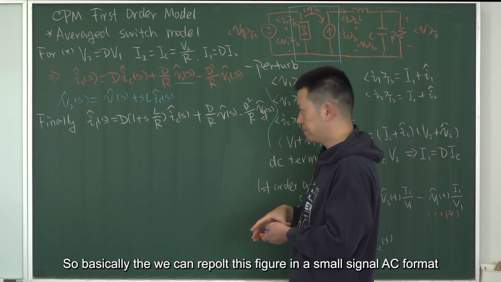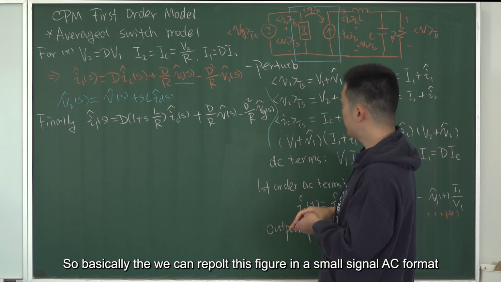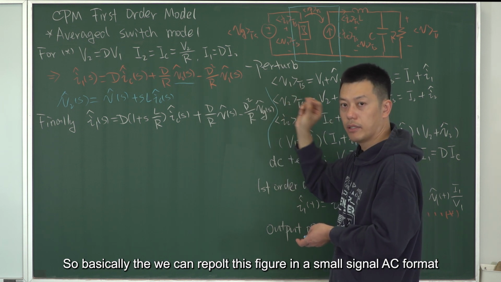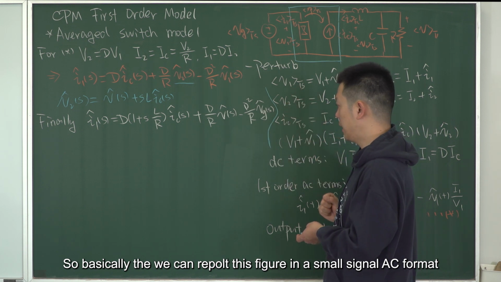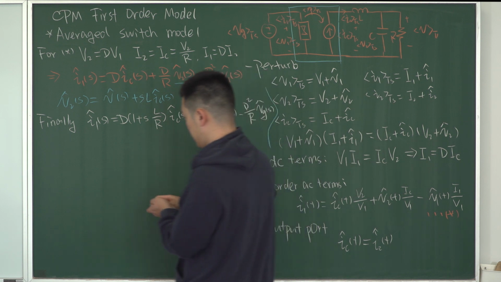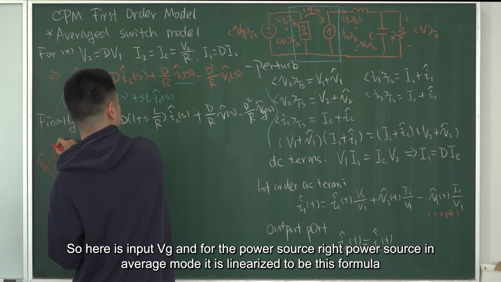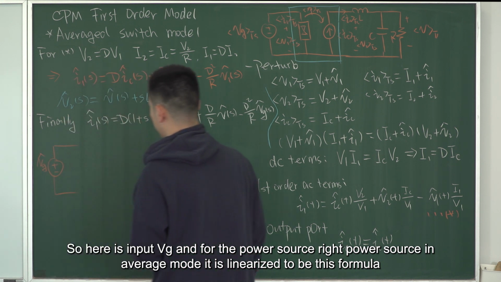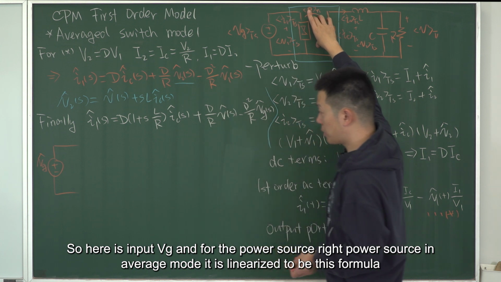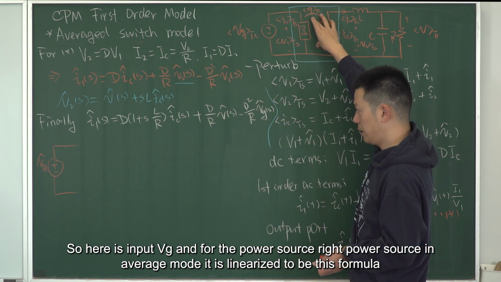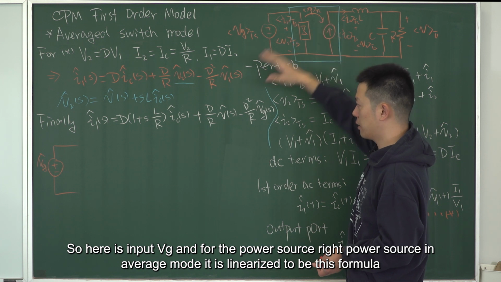So basically, we can re-plot this figure in small signal AC format. So here is input VG cap. And for the power source, right? Power source in average mode is linearized to be this formula.